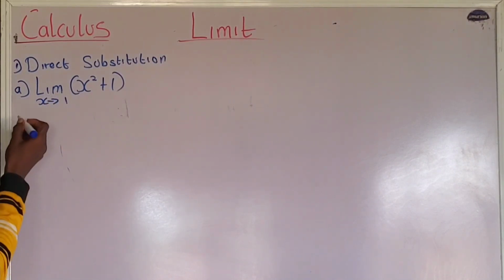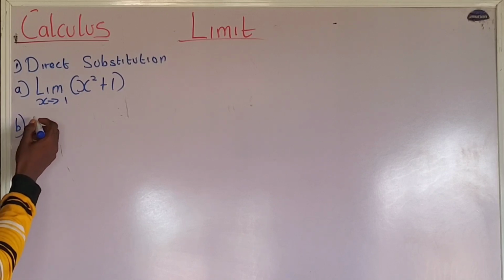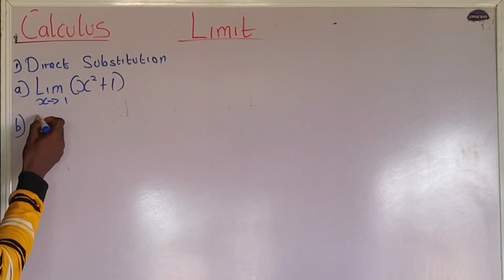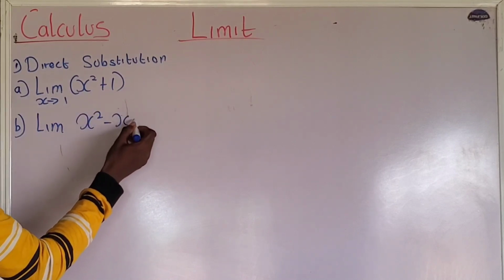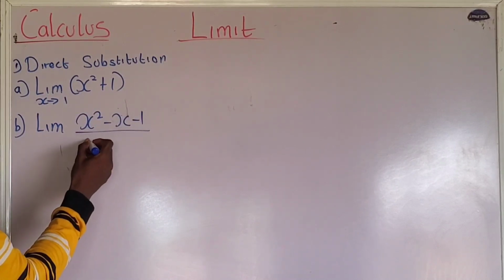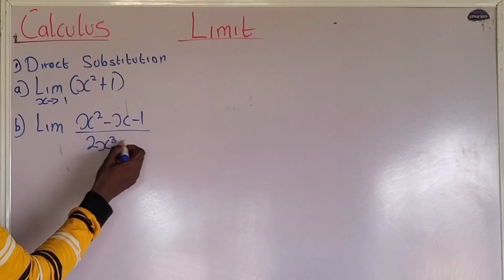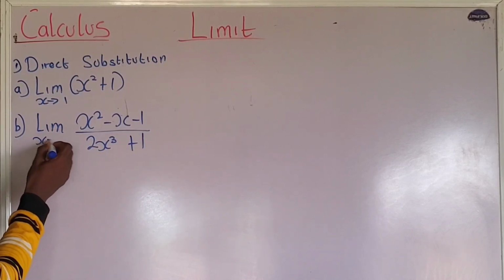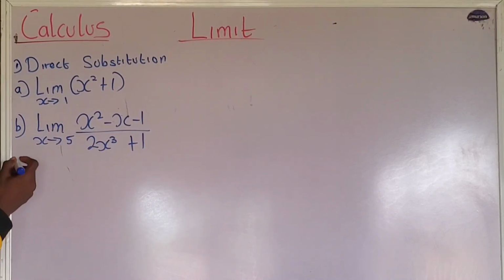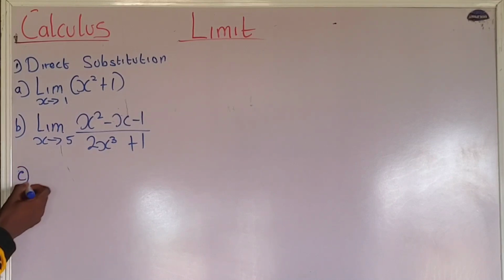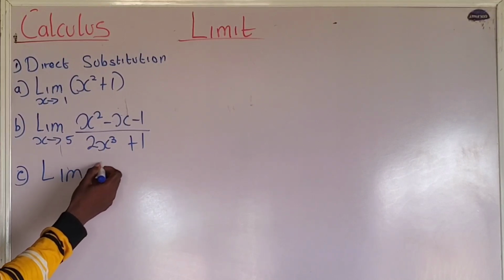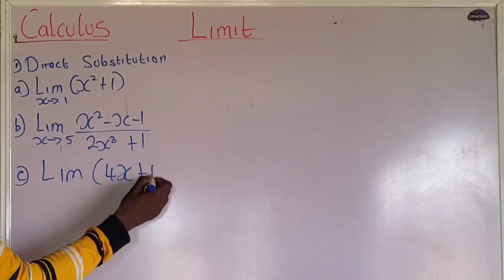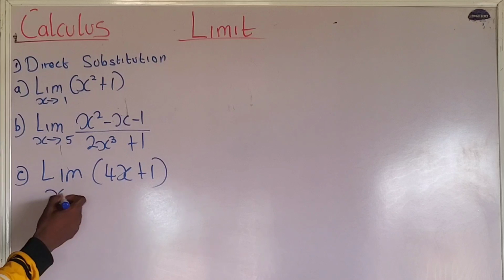Okay, now the second one, we have limit of x to the power of 2 minus x minus 1 all over 2x to the power of 3 plus 1 as x tends to 5. Okay, then the third question, limit of 4x plus 1 as x tends to 0.